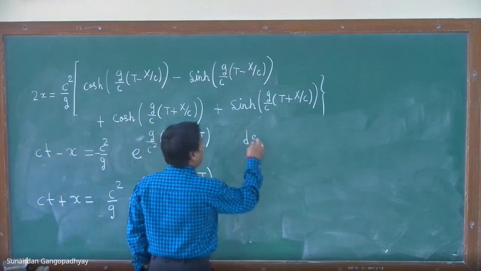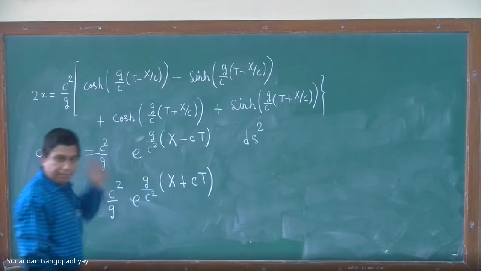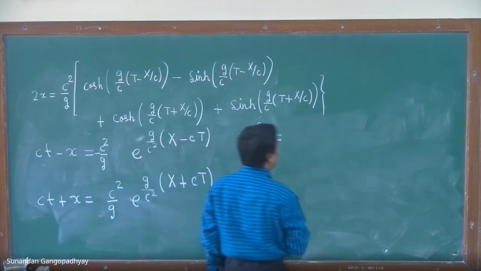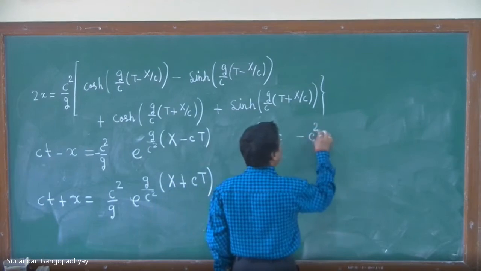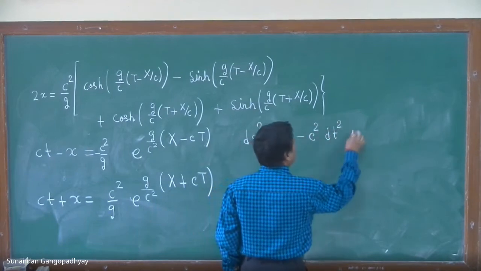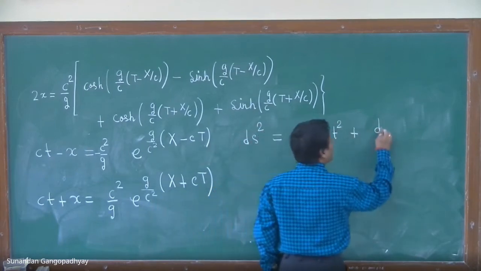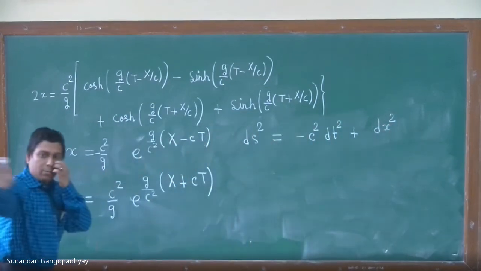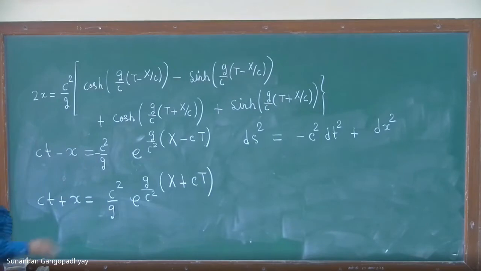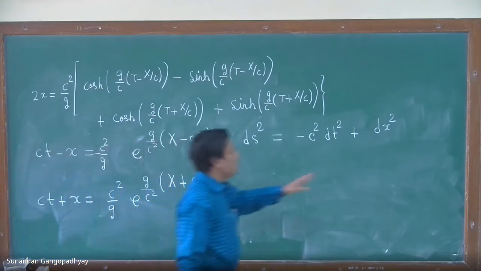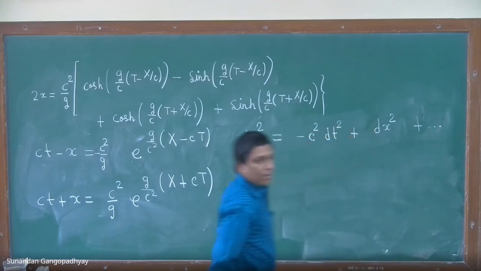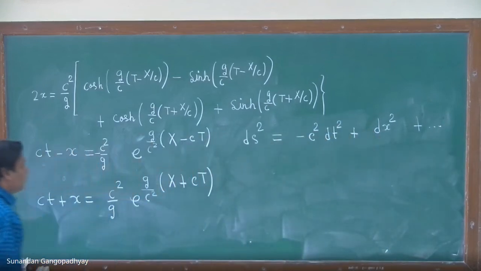Now let us write down the metric ds square. And ds square is what? We are using the mostly positive signature. So this is minus c square dt square plus dx square. I am suppressing y and z. Since it is moving along the x direction, you don't need to worry about y and z. It is there, dy square plus dz square. Forget about it.